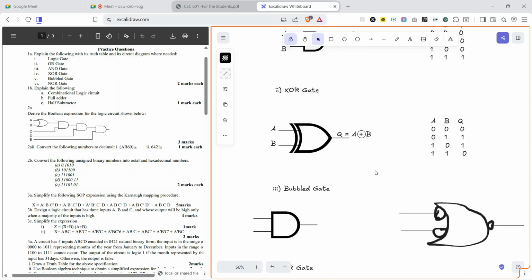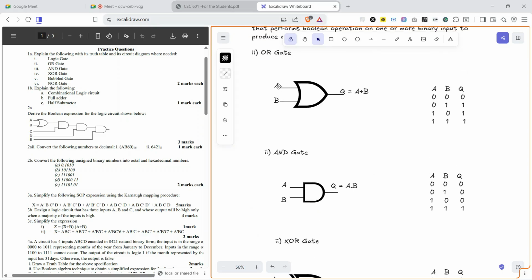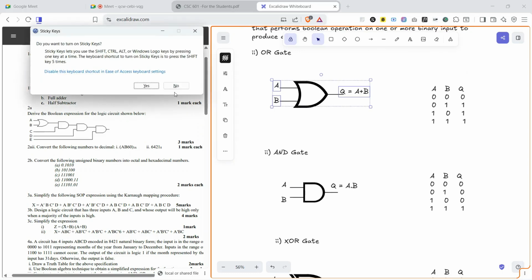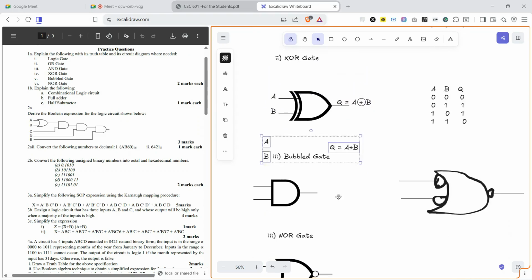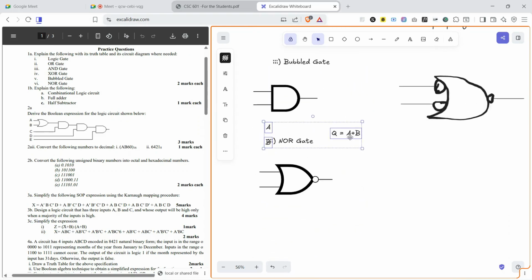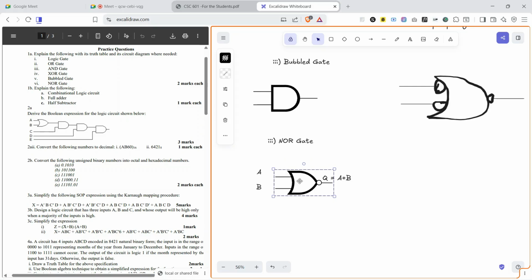NOR gate is basically not OR. That is the explanation of a NOR gate. It is not an OR gate, the negation of OR gates, basically. So this would be the complement of this.